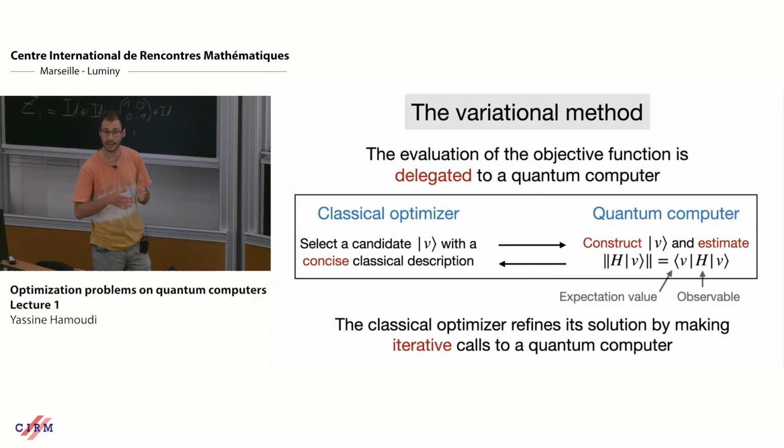So it will select one candidate state that is not too difficult to describe, and it will send the description to the quantum computer. Now the quantum computer will construct the quantum state that corresponds to the description, evaluate the objective function, and return the value to the classical optimizer. The classical optimizer is expected to improve the solution depending on the value of the objective function on V. So it's really an iterative process.